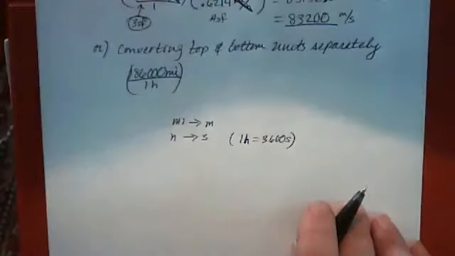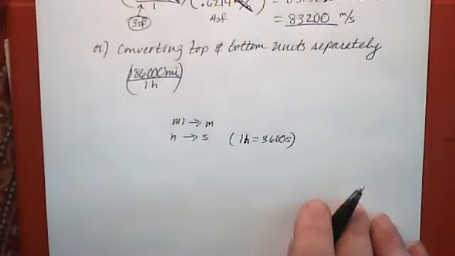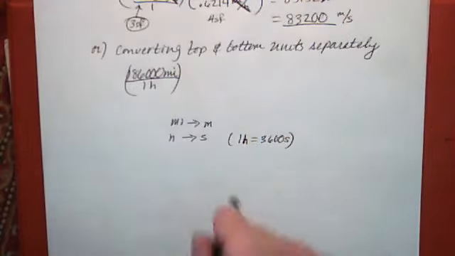Okay, from miles to meters, let's see if there's a conversion back here in the back of the book, yeah, the back of the math section. Well, there's miles to kilometers.